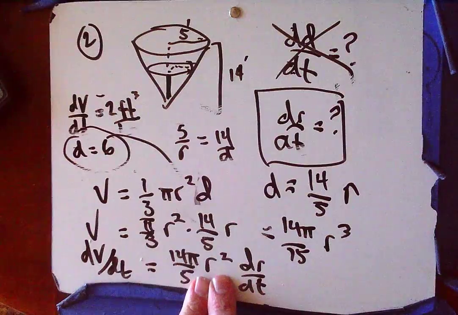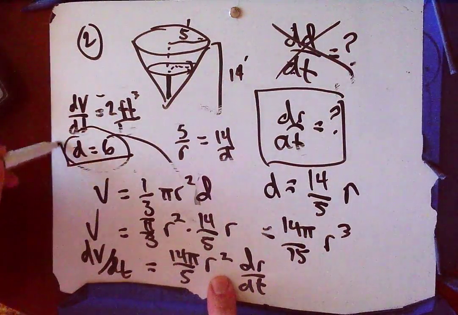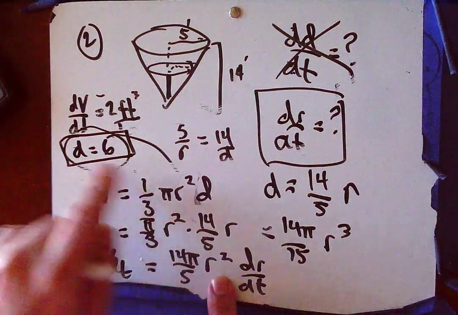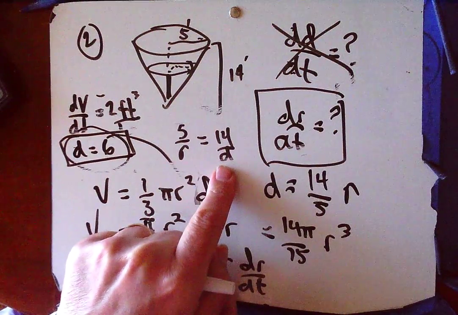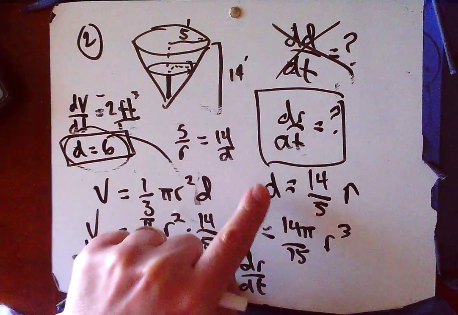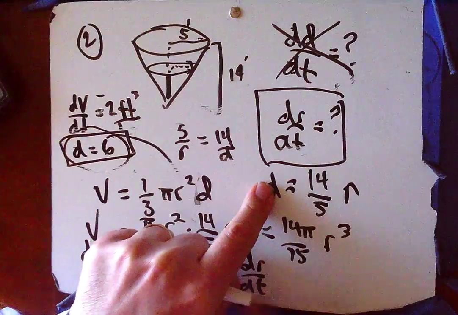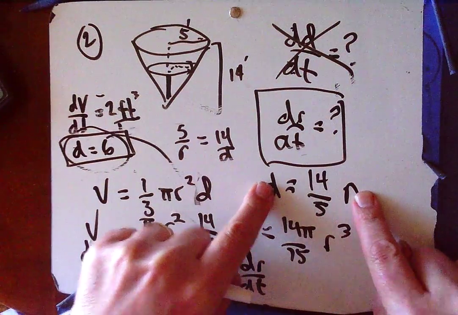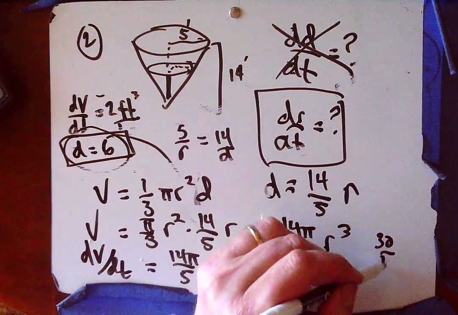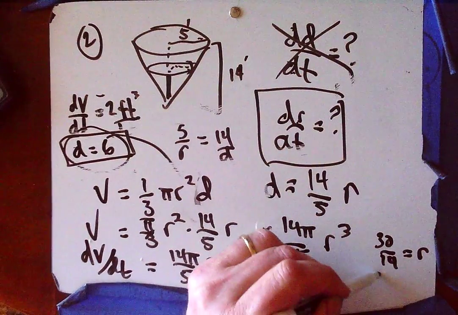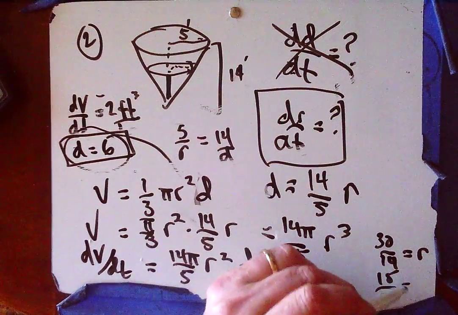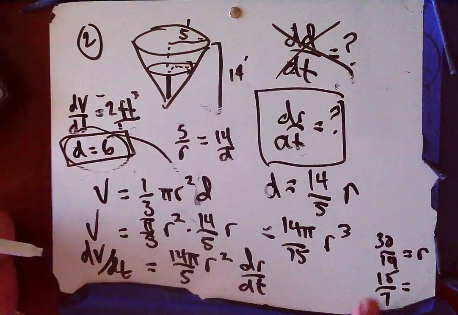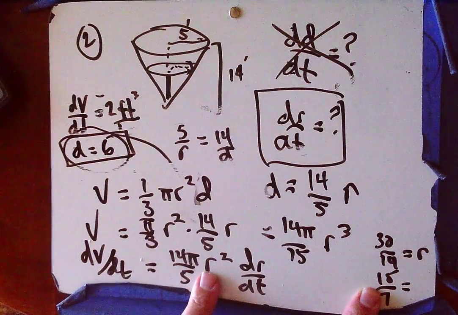But what about r? Well, they say when depth is 6. So if I plug a 6 in there for depth, I can solve that equation for r. I could certainly plug the 6 in here and solve that equation for r. So I'm going to get 30 over 14 equals r, as we saw in the last problem, 15 over 7. So I'm going to take this 15 over 7 and plug it in there.